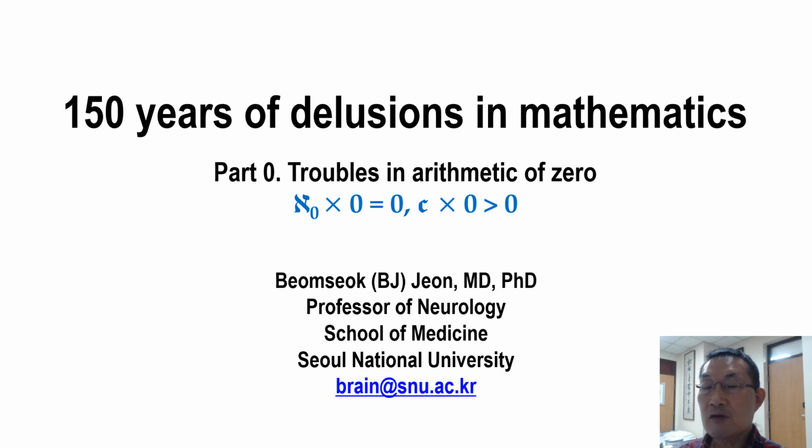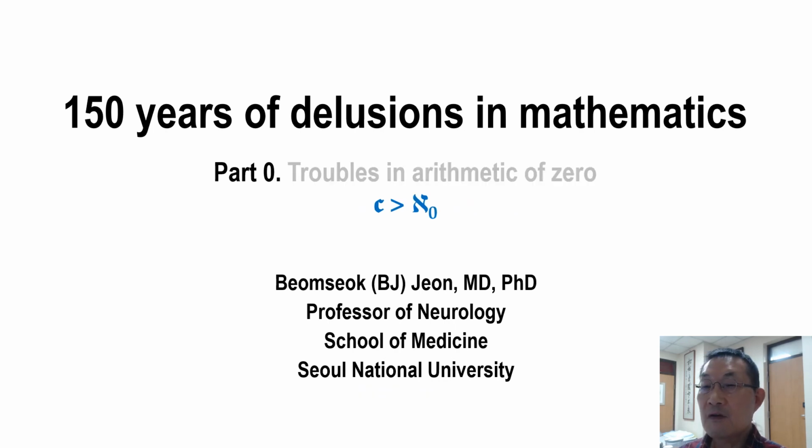In the previous two videos, I discussed Aleph null multiplied by 0 equals 0 and C multiplied by 0 is larger than 0. In this video, I'll show that C is larger than Aleph null.